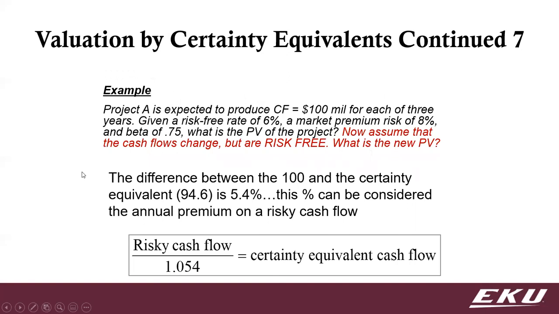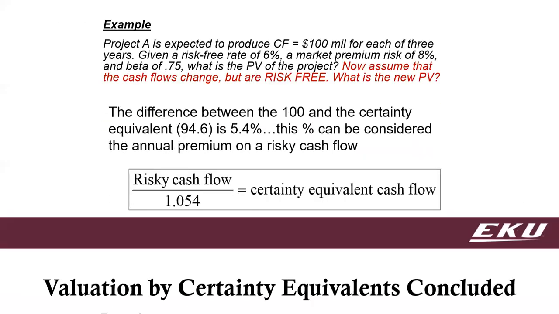Since we have this difference between 100 and 94.6 of 5.4%, we could take any of those risky cash flows, year 2, year 3, and use that discount rate to give us the certainty equivalent cash flow for those steps as well.